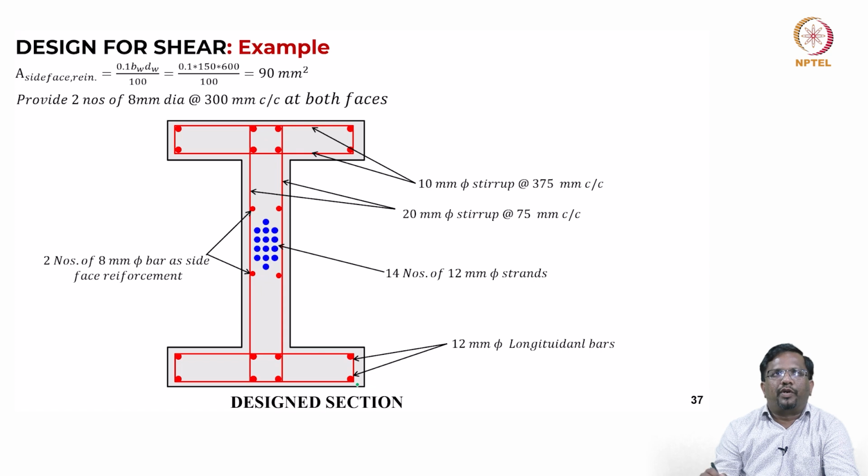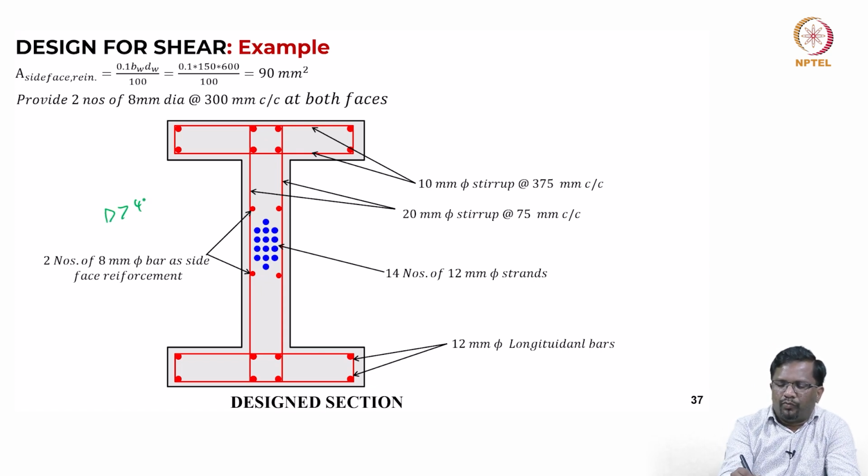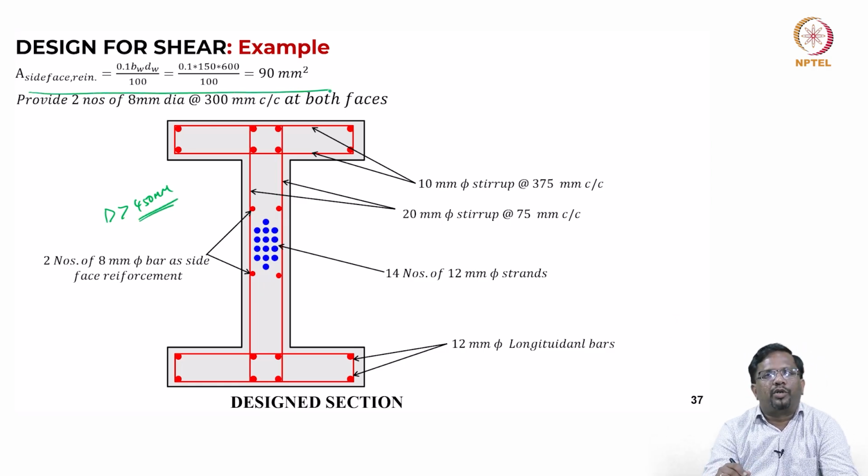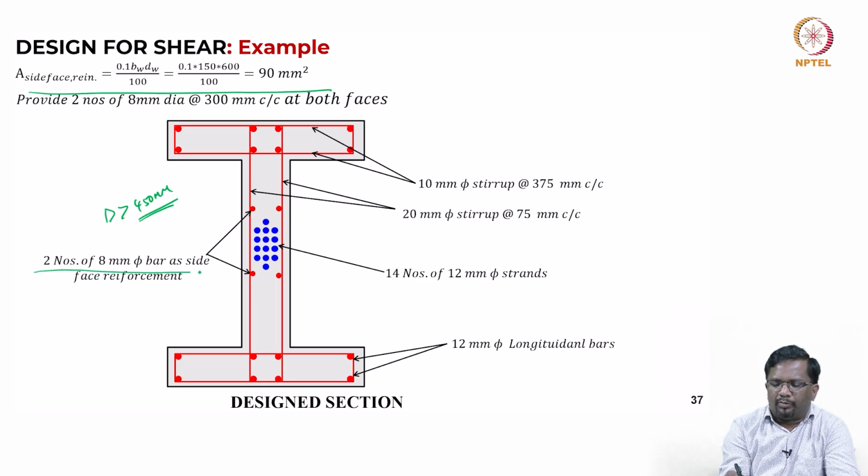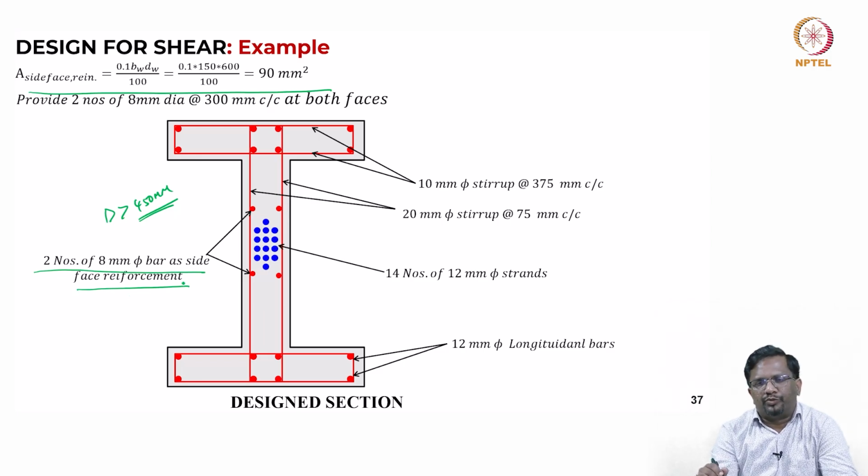Finally, now again the depth has become more than 450 millimeter, so I need to put some side face reinforcement, which is 0.1 into BW into DW by 100, 90 millimeter square. So I am going to put 2 numbers of 8 mm bar as side face reinforcement at 300 mm center to center on both faces, and this is for the flange.